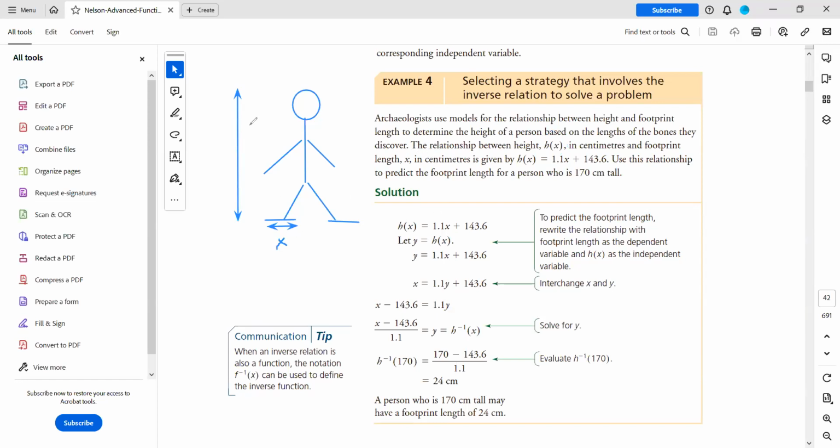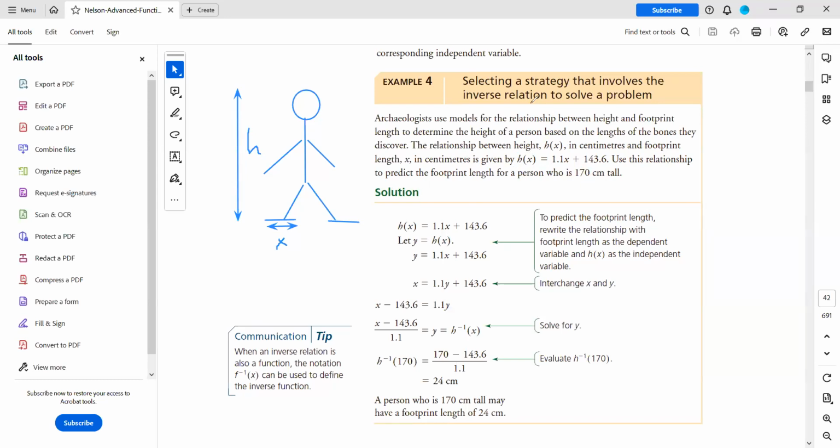So this is x, this is h, this is height. And the formula is as follows: 1.1 times x plus 143.6 equals the height. Use this relationship to predict the footprint length for a person who is 170 centimeters tall.